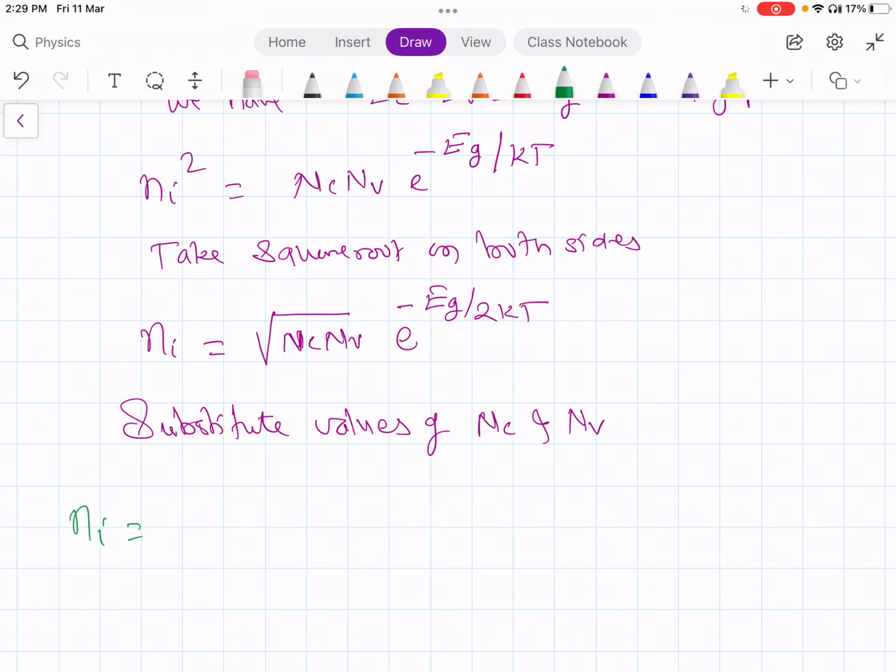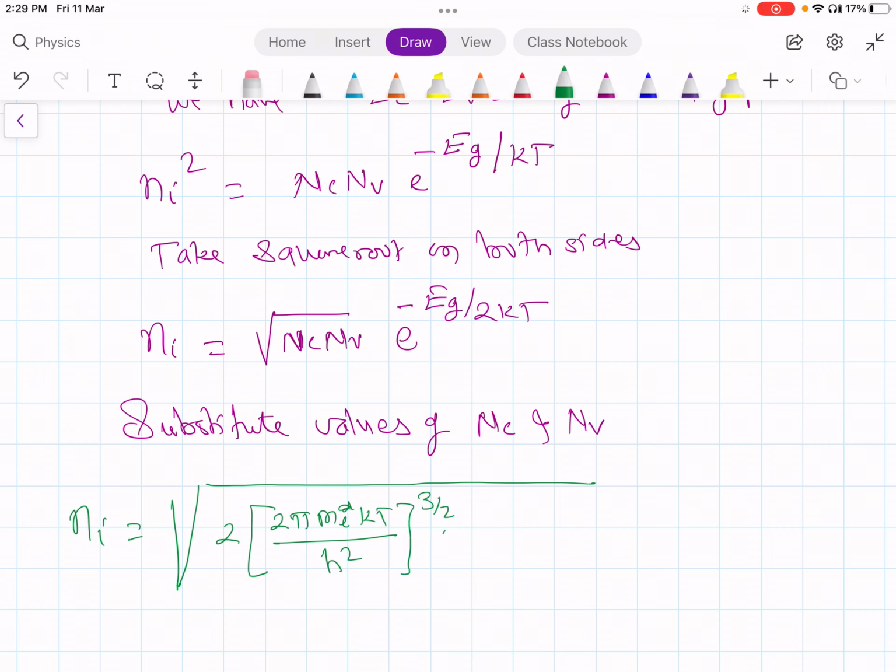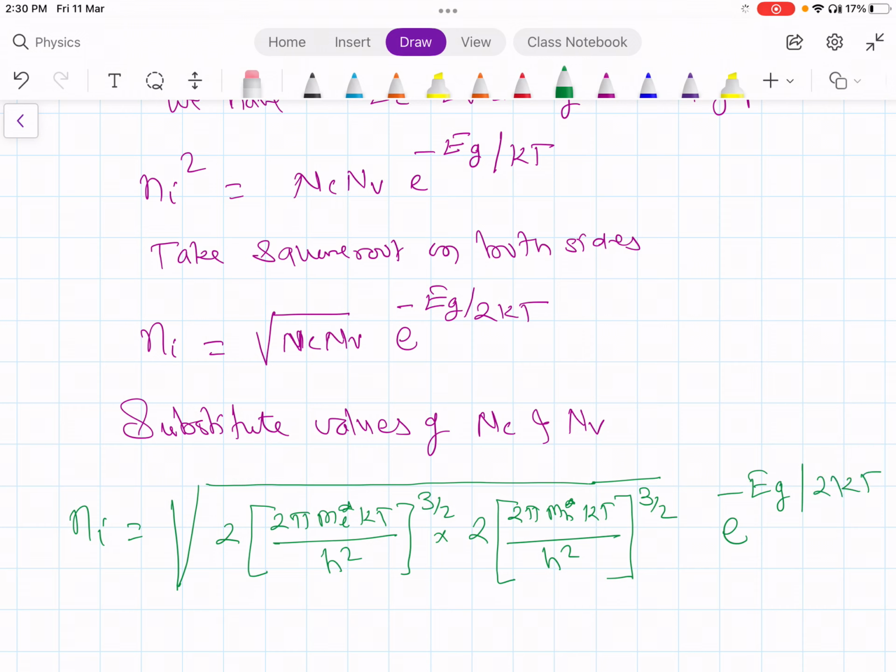So ni is equal to square root of Nc, which is 2 into bracket 2 pi me star kT upon h square raised to 3 by 2, into Nv, which is 2 into square bracket 2 pi mh star kT upon h square bracket raised to 3 by 2. Then e raised to minus of Eg upon twice kT.